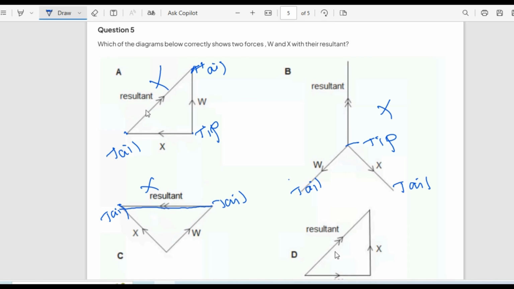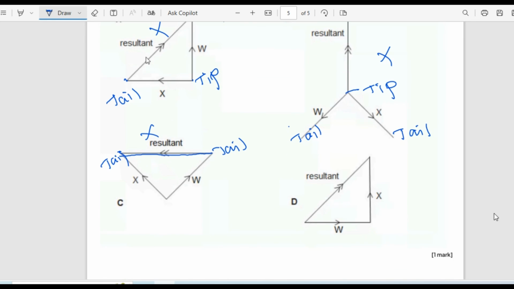This is also wrong. Now come to the last one, which says: see, this arrow is heading towards this side. This is the tail of vector W, and this is the tail of vector X. It means this is the tip of vector W, and we are getting the resultant vector by joining tip to tail. Hence this is the correct one.